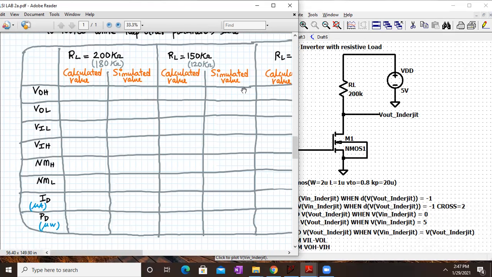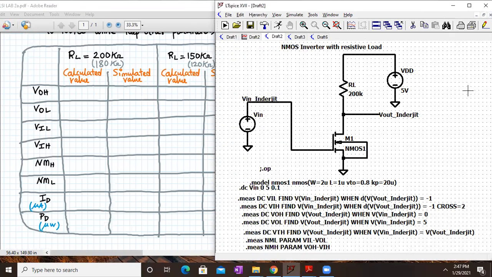I hope that is fine. I will keep this for 5 seconds for you all to have a look at it. So we have to do all these parameter measurements for the NMOS.